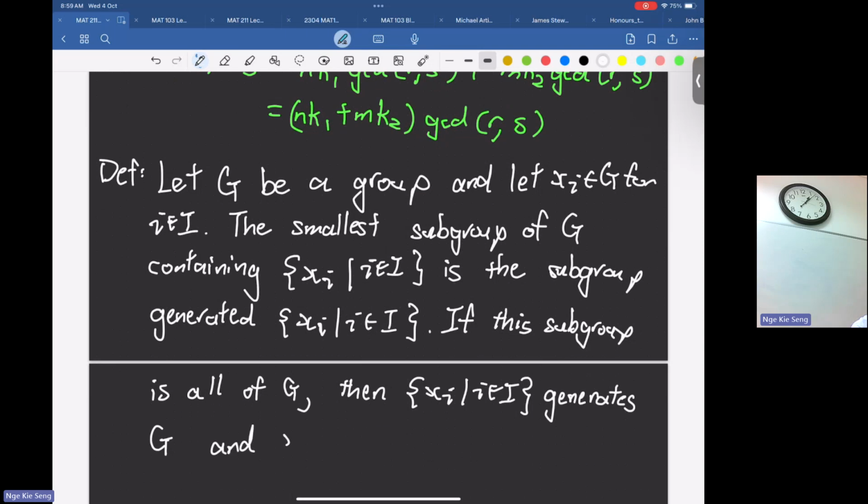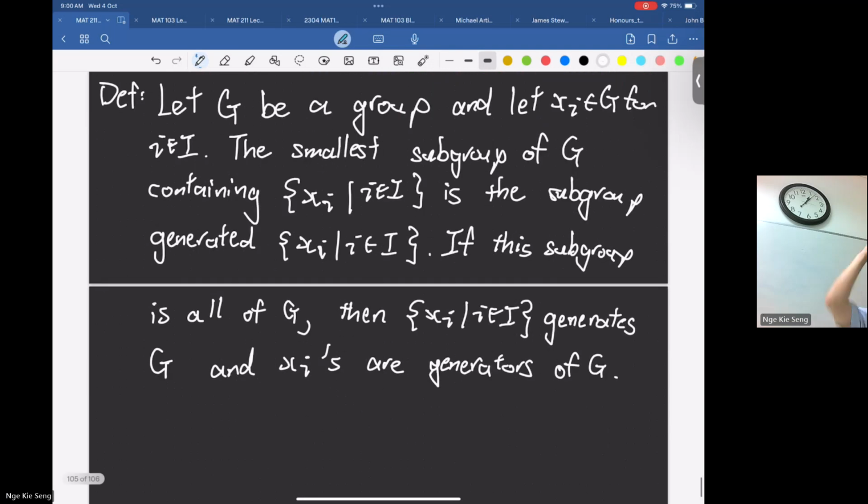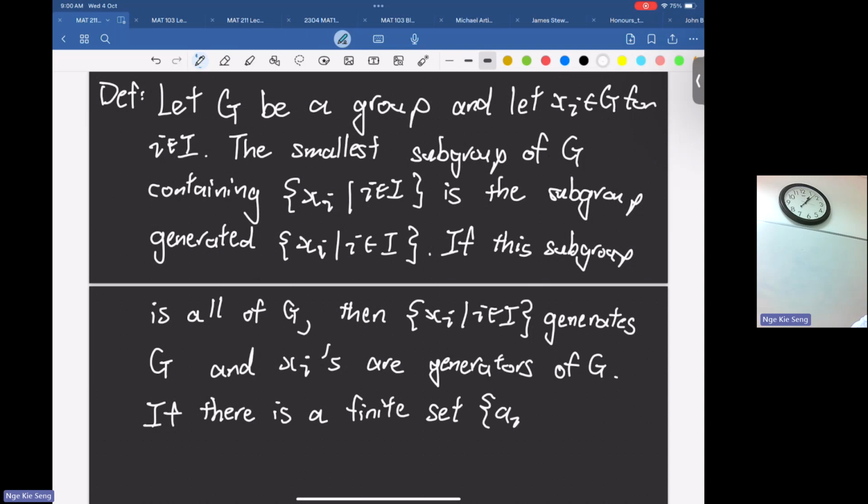These xi are called the generators because you generate the group. So if this set is finite, then your group is finitely generated.